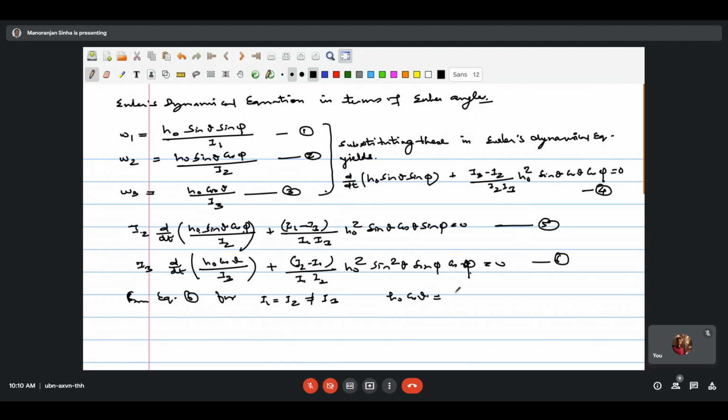So from equation 6, for I1 equal to I2 not equal to I3, we get H0 cos theta, which is equal to a constant.